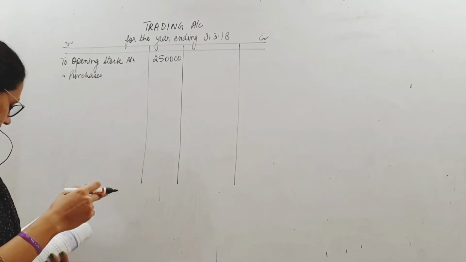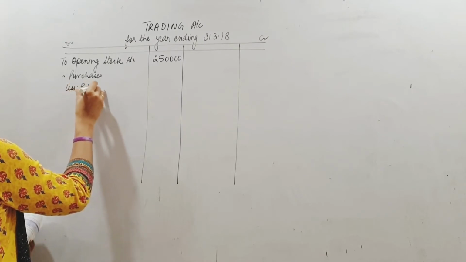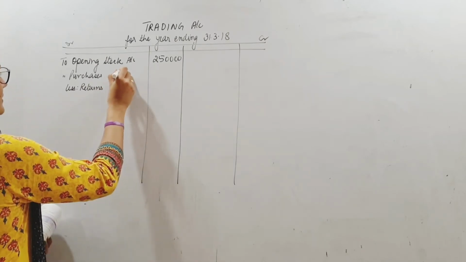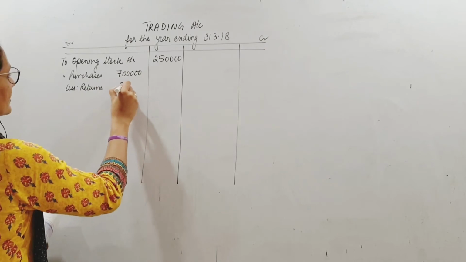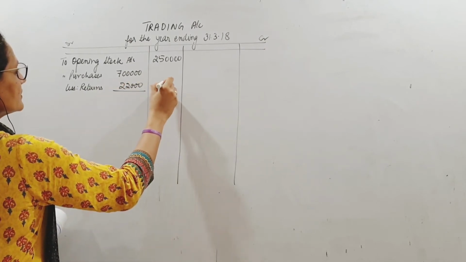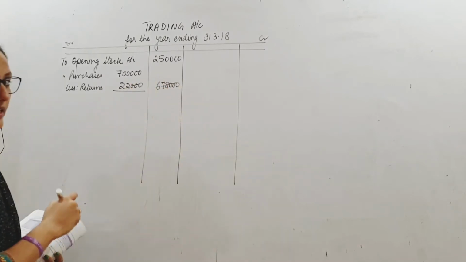If there are purchase returns, then you write less returns, return outward or purchase return, okay? Purchases is given as 7 lakhs. Purchase return is given as 22,000, okay? So this is 6 lakhs 78,000.